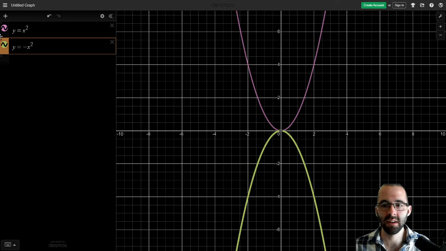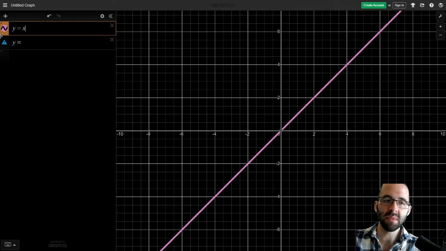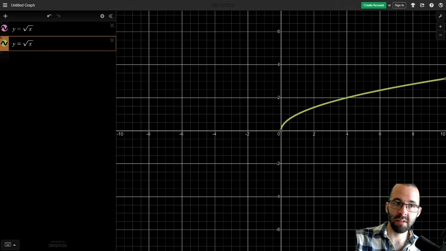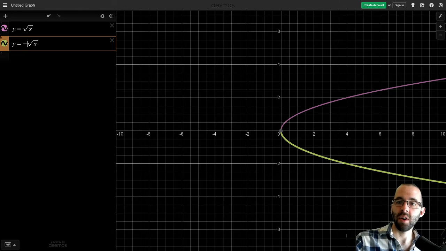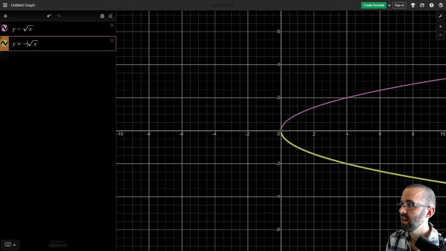All right? So for example, let's look at some other function. If we're looking at the square root function, and again, just like before, if we put a negative on the outside, it should reflect it upside down. Okay, good. The green gets reflected upside down.